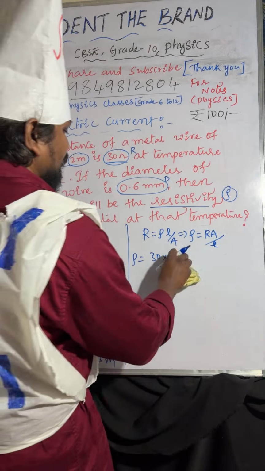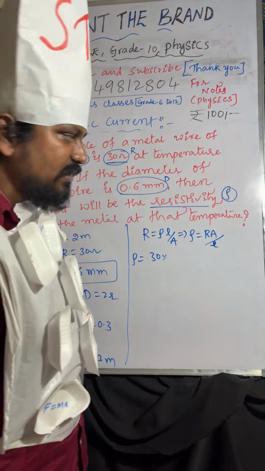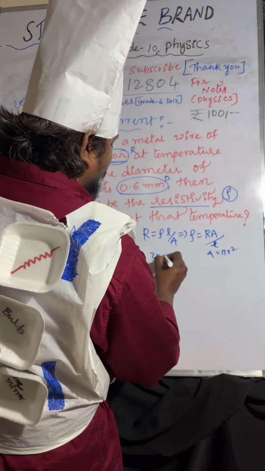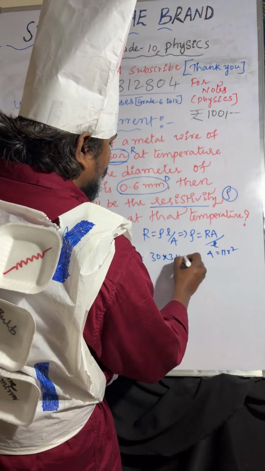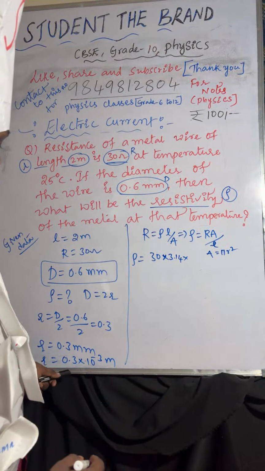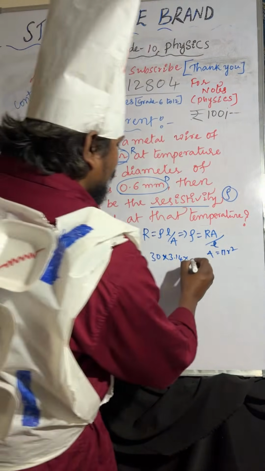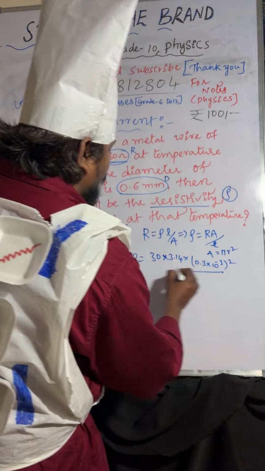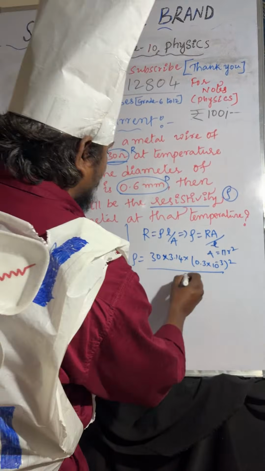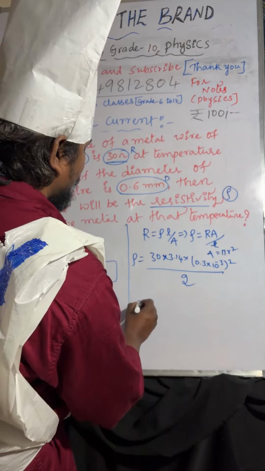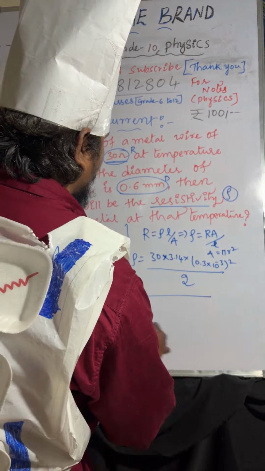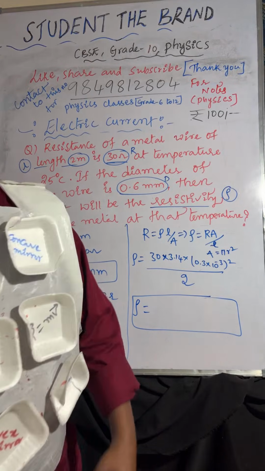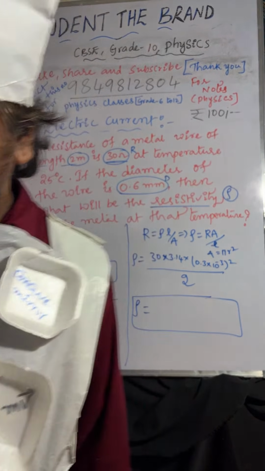So I am writing pi as 3.14 into R square, that is 0.3 into 10 power minus 3 whole square, by L value, 2 meter. So try to solve it. What is the answer? Let me know the rho value. Just do the calculation on your own.